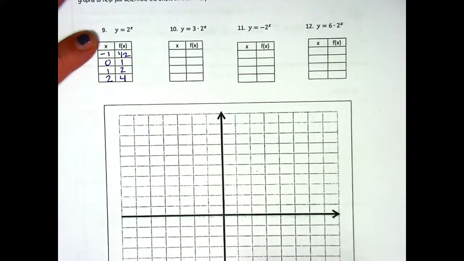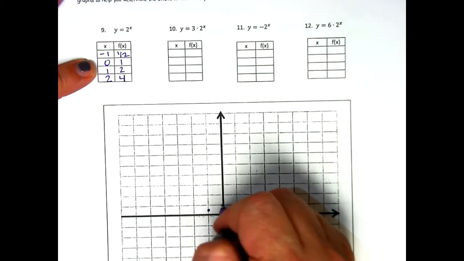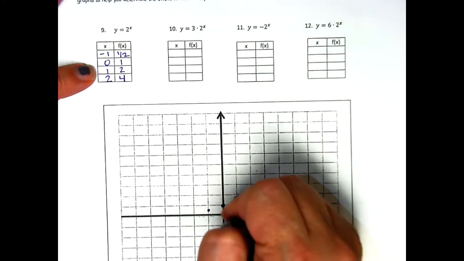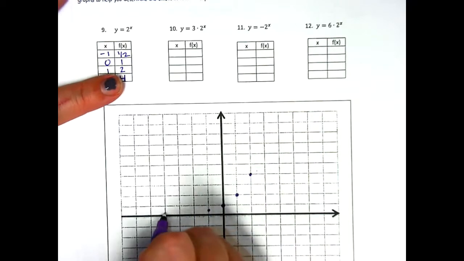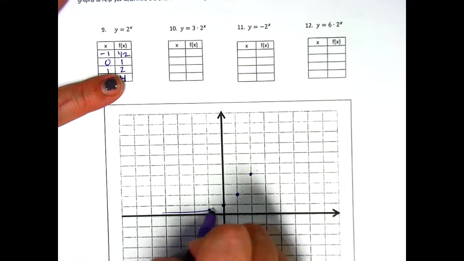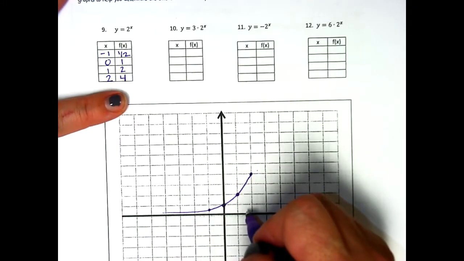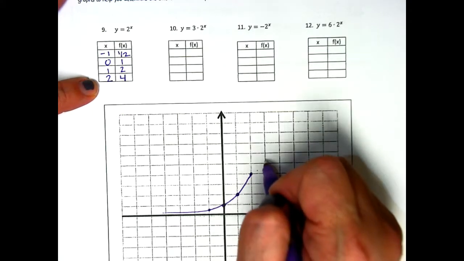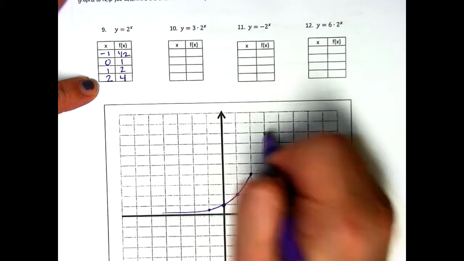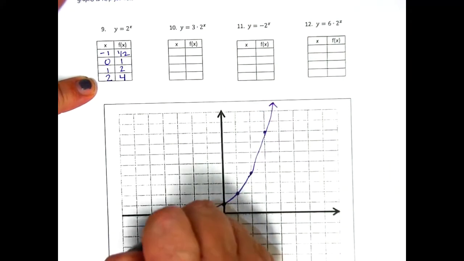So I'm going to go ahead and graph that. Negative 1, 1/2, 0, 1, 1, 2, and 2, 4. And it would be 3, 8 if you want an extra point on there that's accurate.